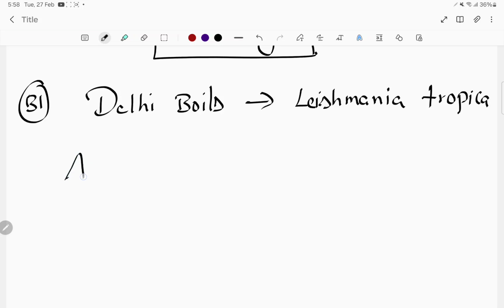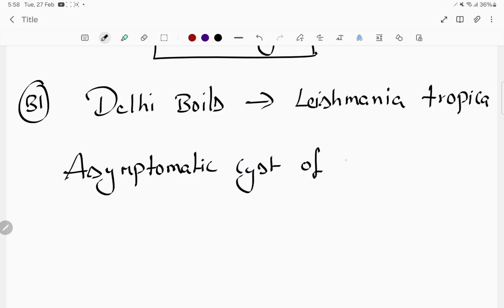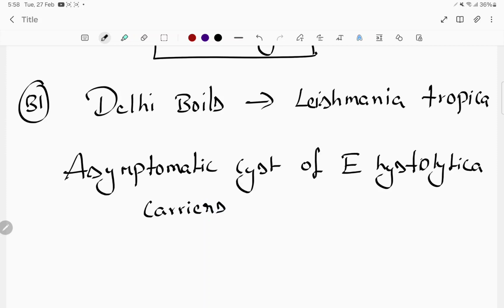So the asymptomatic cyst of Entamoeba histolytica are carriers.